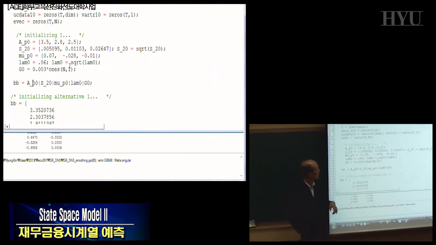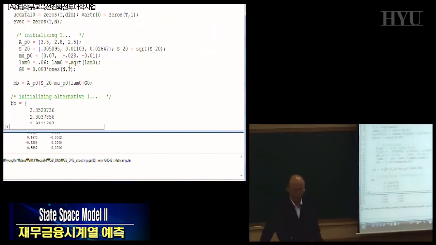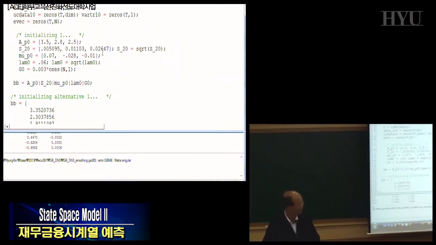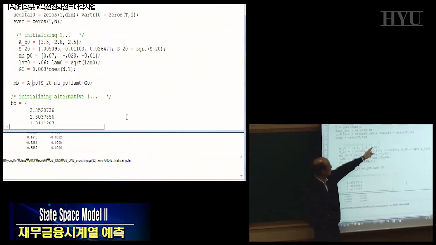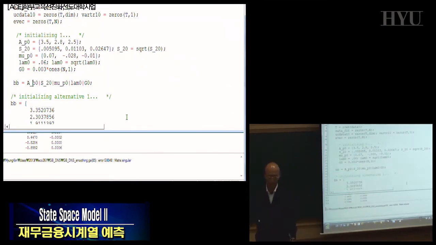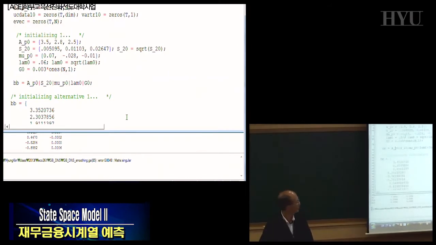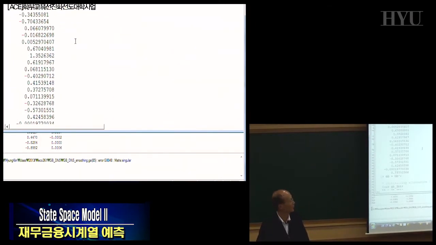Well, how to find those numbers? It's a wild guess. Or if you prefer, you can count how many parameters are to be estimated, 1, 2, 3, 4, 5, all the way up to here, and then put in your initial guess.